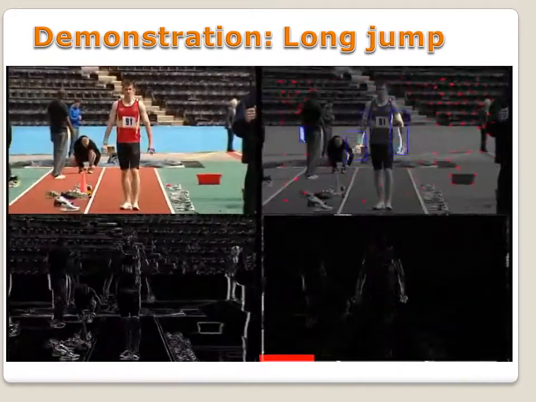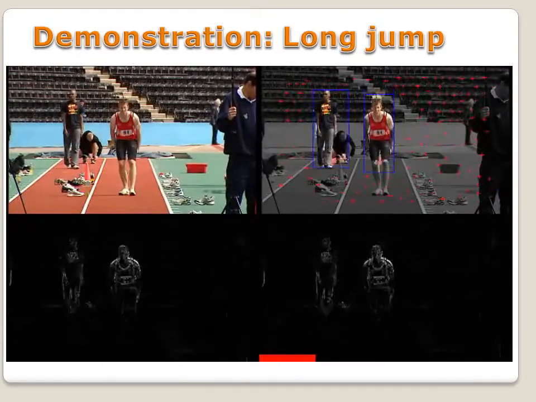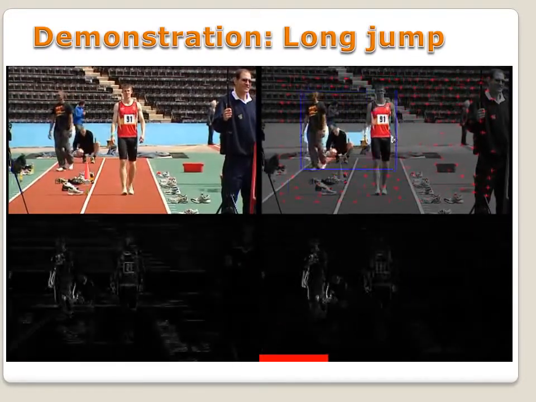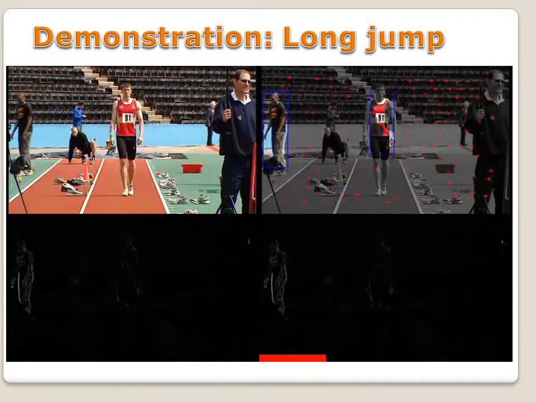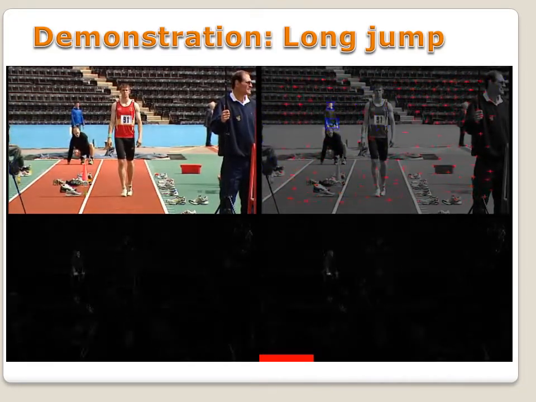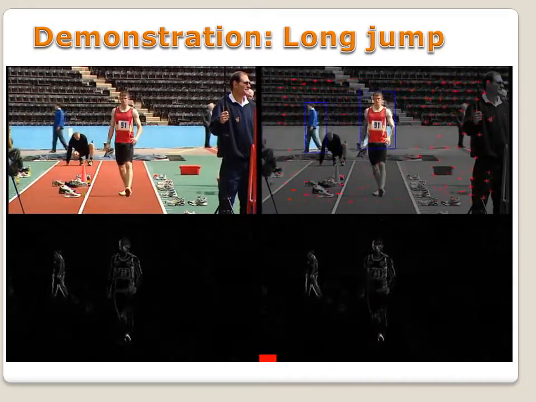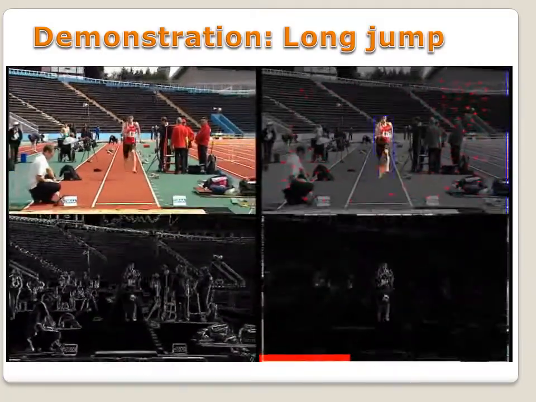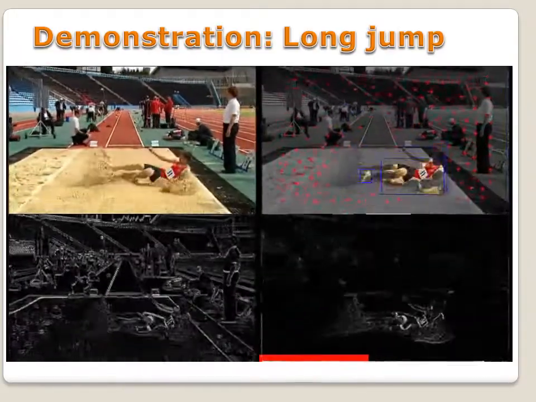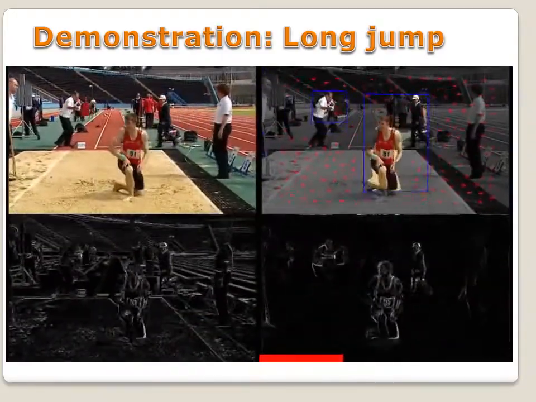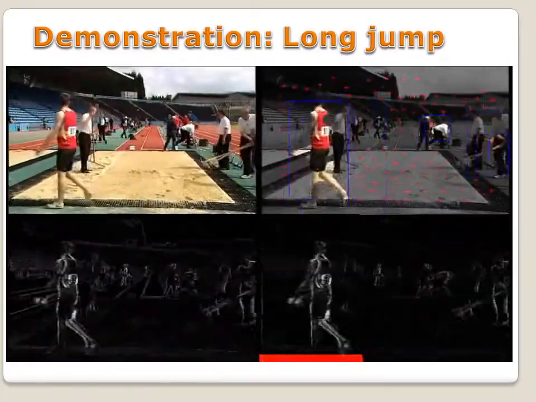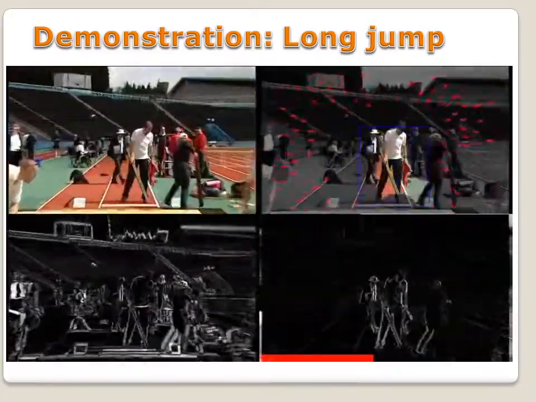This is a demonstration of a long jump attempt. You can see in the top left the video frames. In the top right you can see the projectively matched key points and the motion outliers. In the bottom right you can see the projectively matched frame difference, which does not have the background but only the athlete bodies.